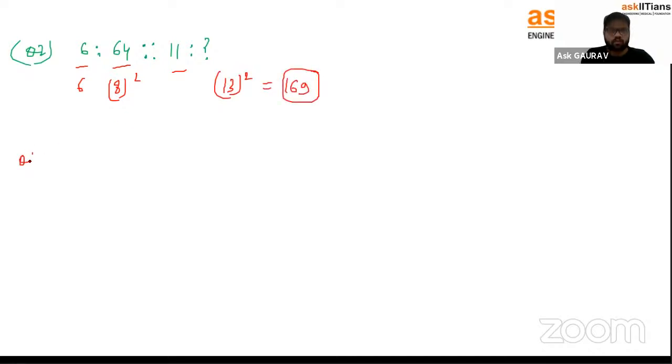Okay, do this question. 68 is to 130, then blank is to 350. Let me give you the options: 222, 240, 216, 210.